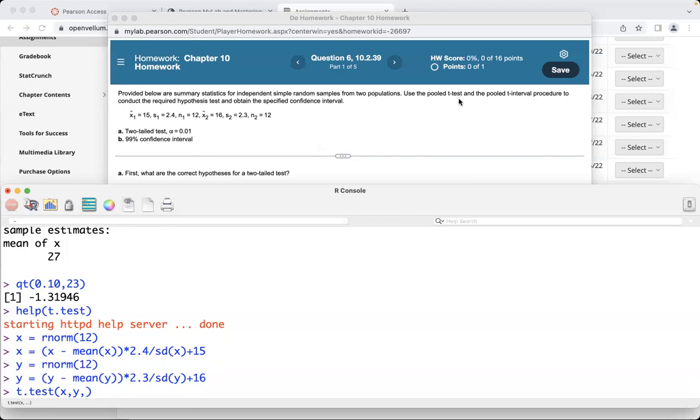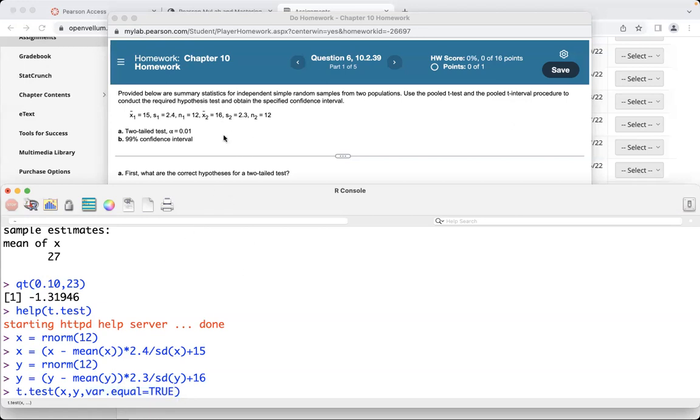We're pooled, meaning that we're assuming that they have the same underlying population standard deviation, so we're assuming that their variances are equal. Whenever you have a pooled test, you put in var.equal equals true, and that's how you know it's a pooled test.